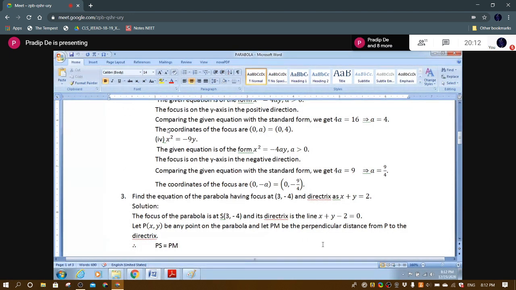Now what is PM? PM is the perpendicular distance of the point x comma y from the straight line x plus y minus 2 equal to 0. What is the formula? Try to recall.